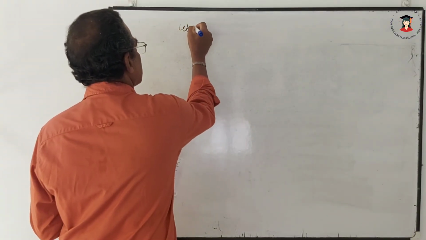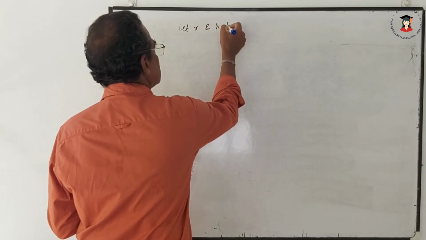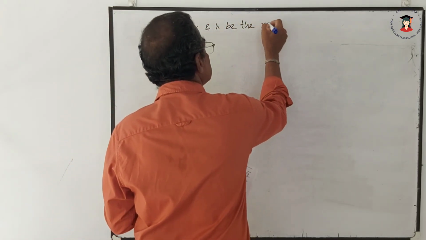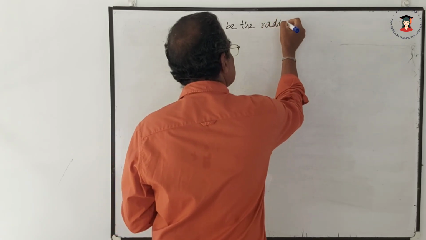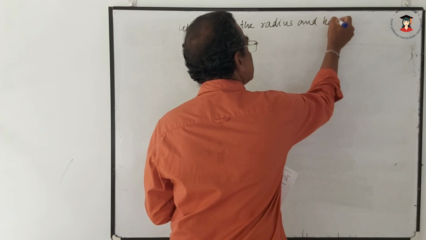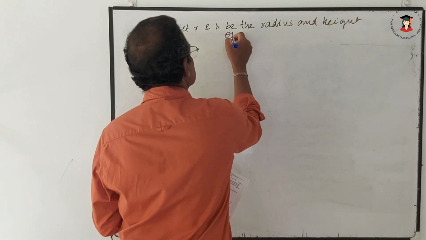Let R and H be the radius and height of the cone.